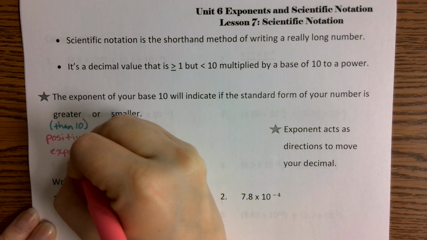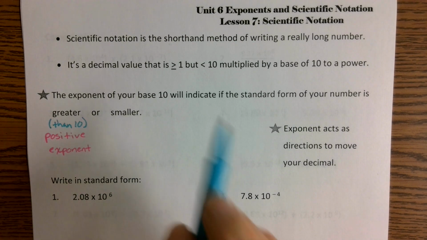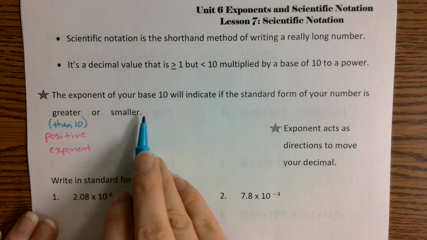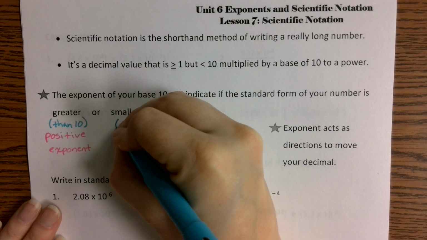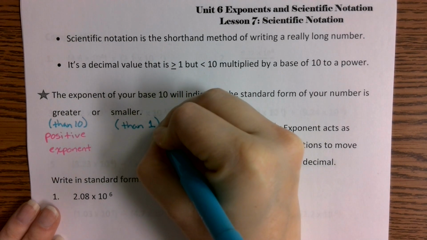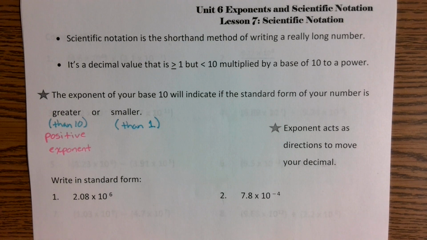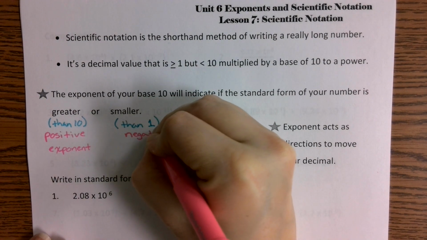If your number value in standard form is greater than 10, then you are dealing with a positive exponent. If your standard form number happens to be smaller than 1, not smaller than 10, but smaller than 1, then you're dealing with a negative exponent for your base 10.